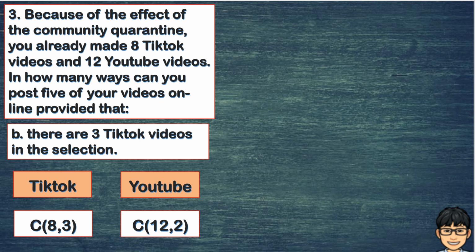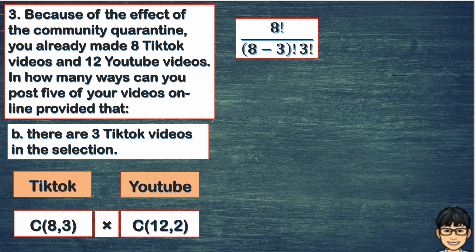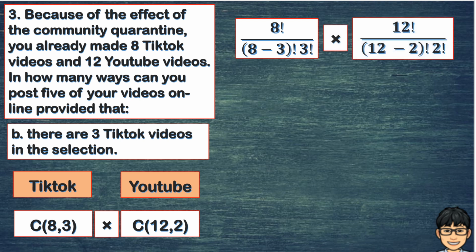So, using the fundamental principle of counting, i-multiply natin yung number of selections from TikTok and YouTube. So, we have 8 factorial over the quantity of 8 minus 3 factorial times 3 factorial times 12 factorial over the quantity of 12 minus 2 factorial times 2 factorial.